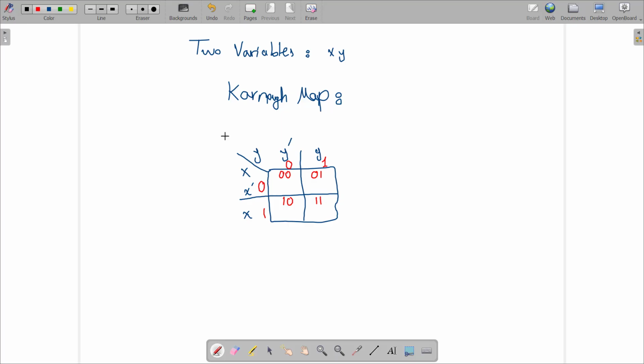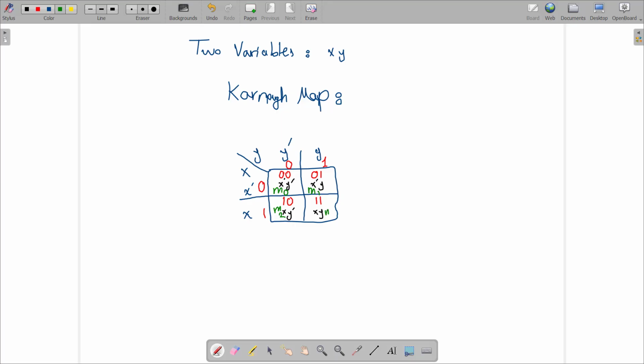On the other hand, we have learned that instead of 0, 0 I can write, according to the variables, x prime y prime, x prime y, x y prime, and x y. So x prime y prime means 0 in minterm, m0. This one is m1. This one is m2.